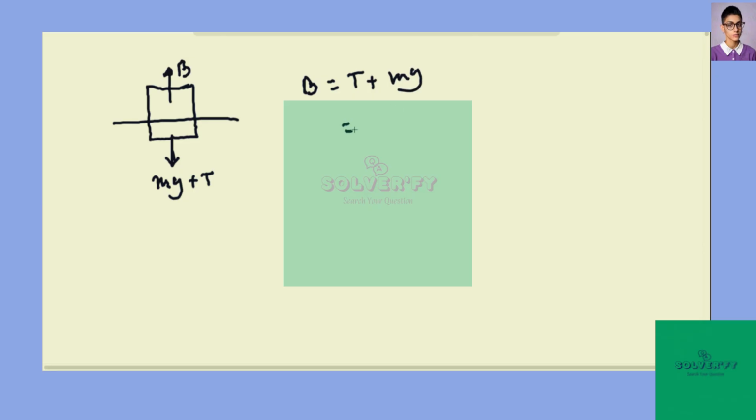The tension is given as 10 Newton and the weight is 15 Newton. So the buoyant force comes out to be 25 Newton. That's part A.